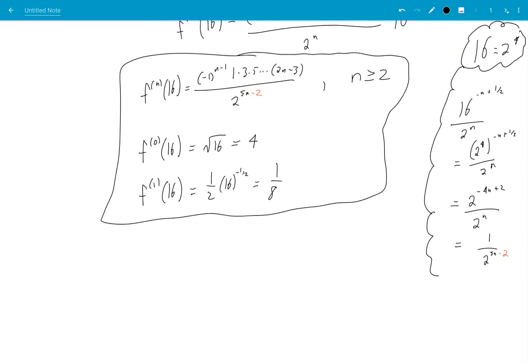Now, what am I looking for? I'm looking for this power series, the sum of Cn times (x minus a) to the n, right? But a, in our case, is 16. And we're going from 0 to infinity, as usual.